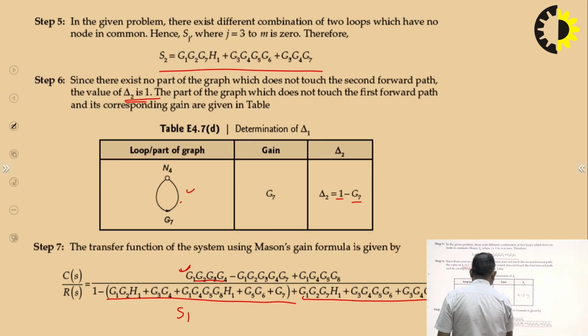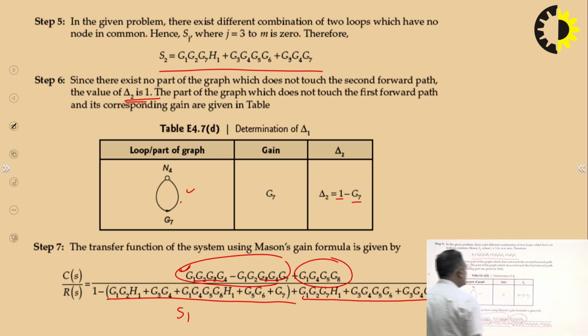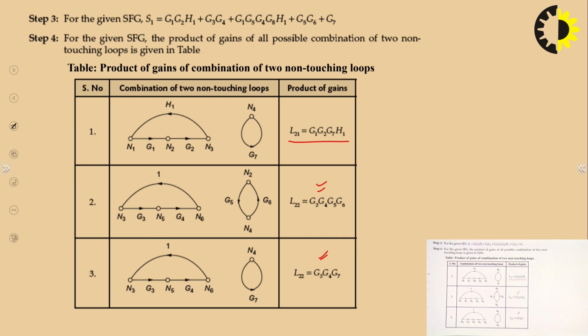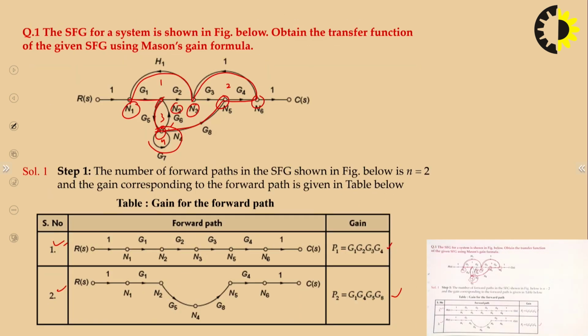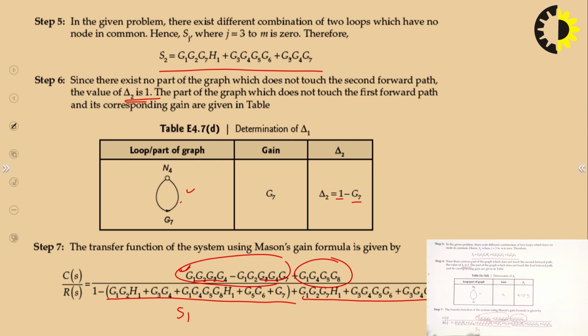So you will multiply it, and you will get this term, and this term corresponds to P2 delta 2. You can see the value of P2 is given here: G1, G4, G5, G8. So this is how we can apply Mason's gain formula to easily solve for the overall transfer function of a given signal flow graph or a given system.